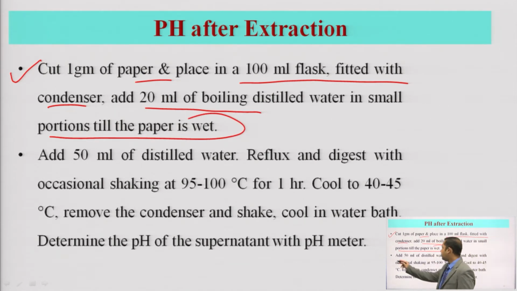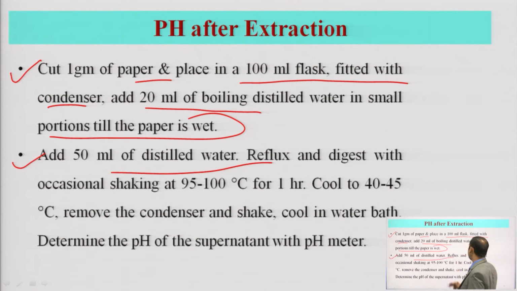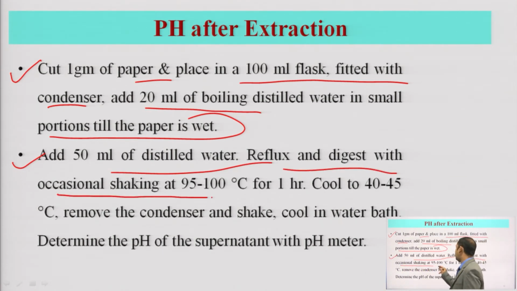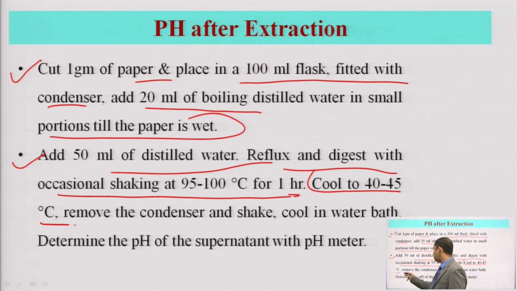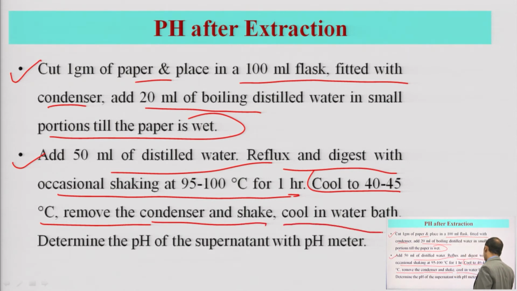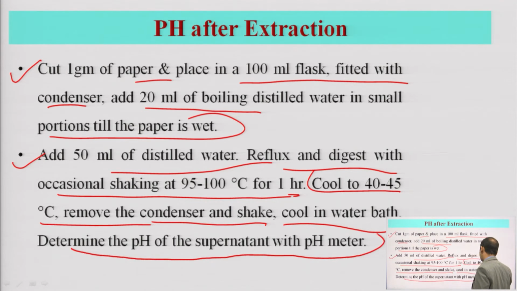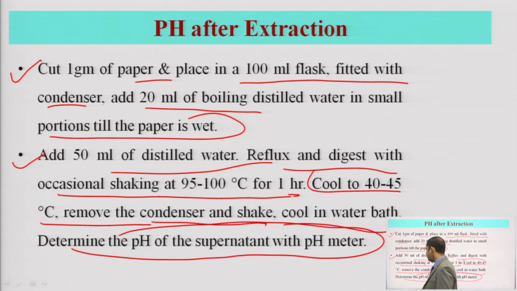Then add 50 ml of distilled water, reflux and digest with occasional shaking at 90 to 100 degrees centigrade for 1 hour. Then cool to 42 degrees centigrade, remove the condenser, shake and cool in the water bath. Determine the pH of the supernatant with the pH meter.